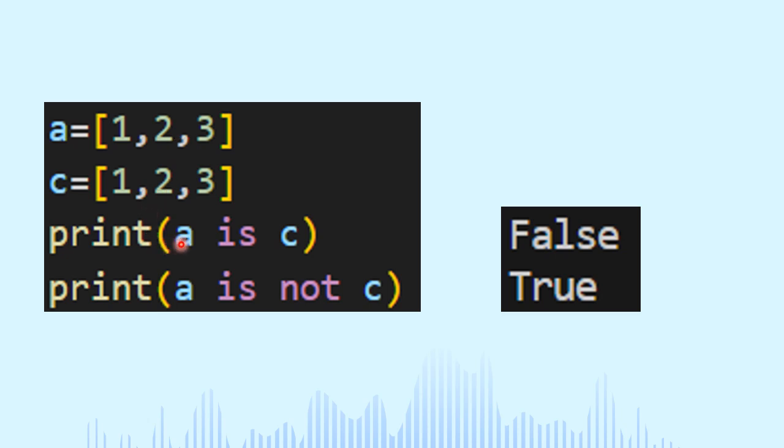So a is c will return the value false, and a is not c returns the value true. Unlike membership operators, people might confuse this for that, but identity operators are specifically used to check the memory location, not membership.